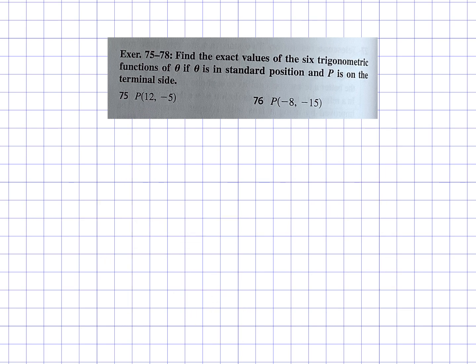76: negative 8 and negative 15. We're in the third quadrant. Negative 8, and down negative 15. So that's an angle. If we drop that down, we have negative 15 here and negative 8 there. What is R?